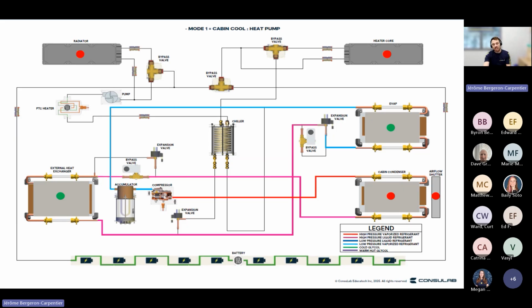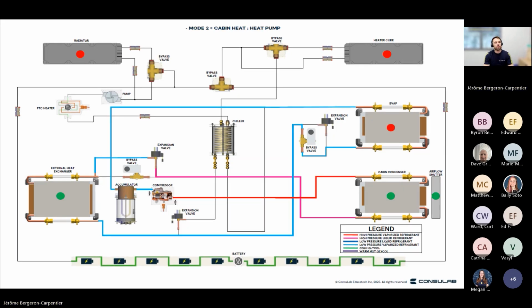Now for the next mode, we just flip things around. Now we want to heat up the cabin, but using the heat pump, not using any PTC heater or heating element. We're going to use the heat pump because if the heat pump is able to capture heat from outside, that strategy is going to be more efficient.